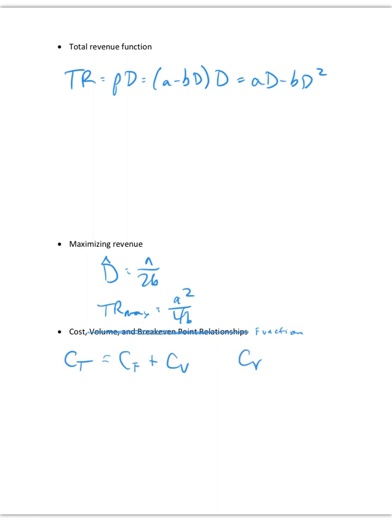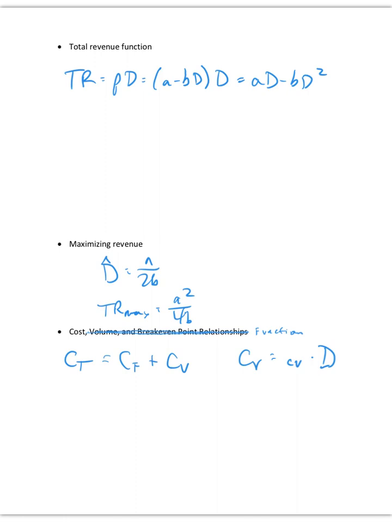Variable costs are those that vary with demand, and we're going to say that C sub V is equal to little c_v times demand. So if it costs me $20 to make a chair and I'm going to sell 100 chairs, my variable costs for that is going to be the $20 per chair times 100 chairs, and I get my $2,000 of variable cost for the chair.